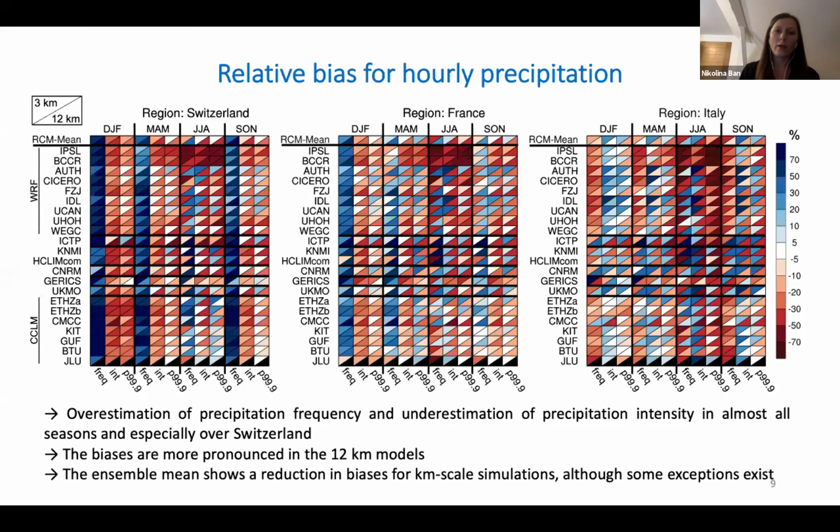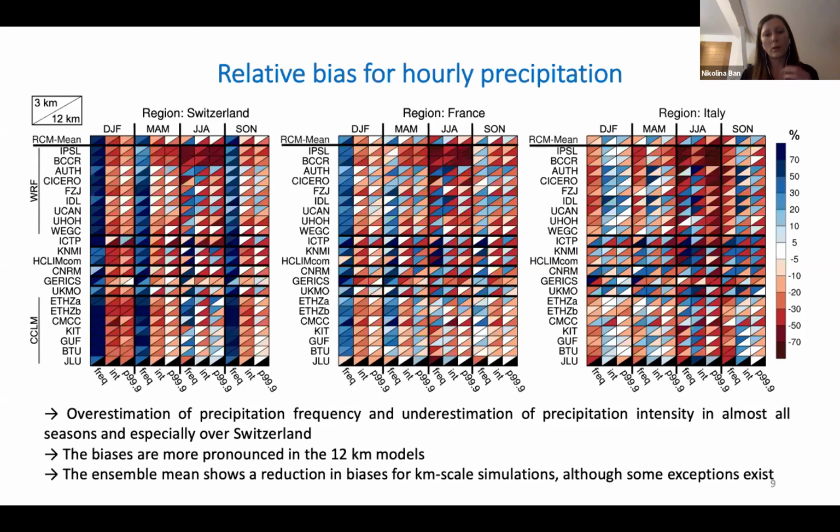And then we also have the region of France and Italy. So it holds a similar story, but the picture is a bit more messy. And in some of the cases, you can also see this switch from underestimation of precipitation intensity in the 12-kilometer model to overestimation in the 3-kilometer model, or this slight overestimation of that precipitation.